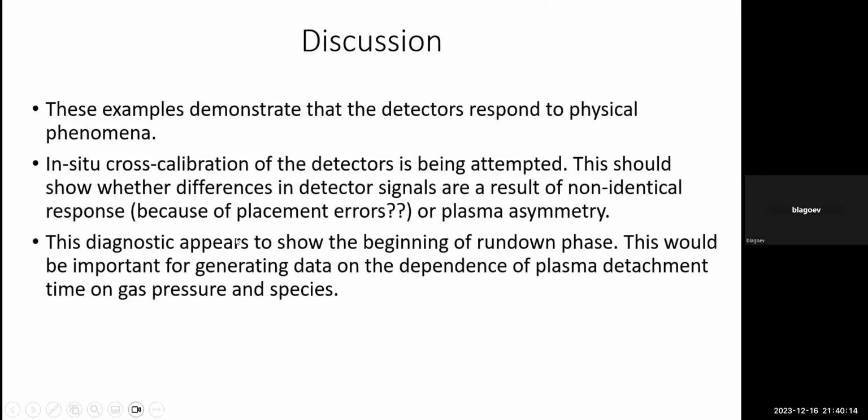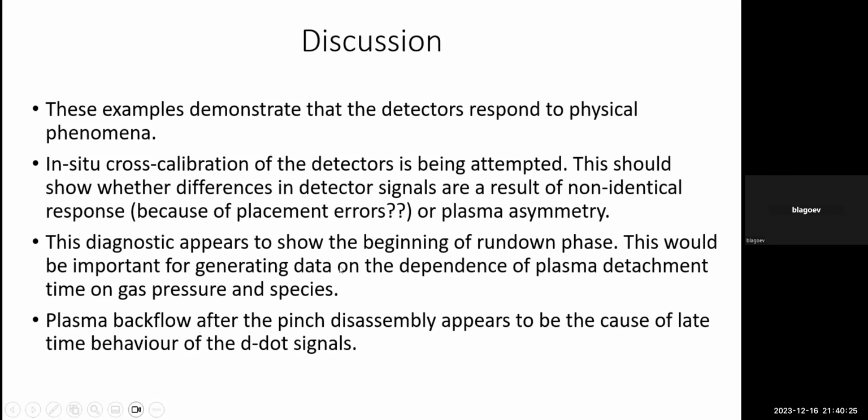This diagnostic appears to show that the beginning of the rundown phase is important for generating data on the dependence of plasma formation time on gas pressure and species.